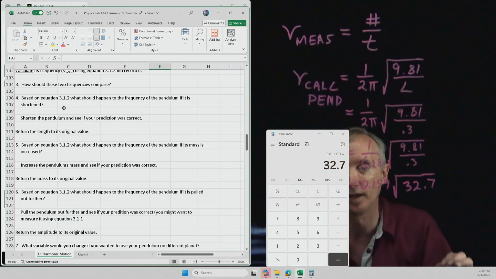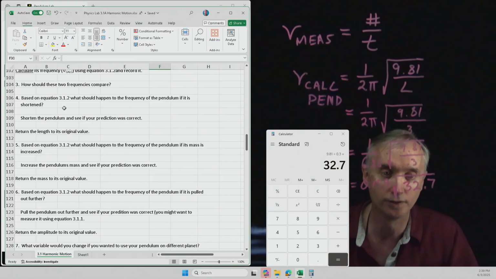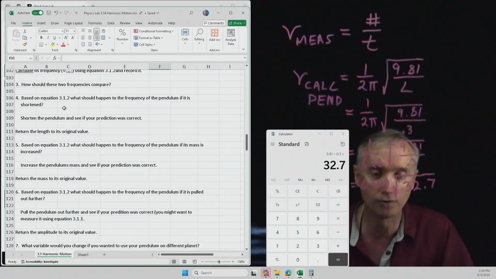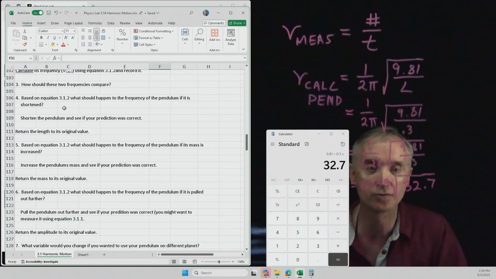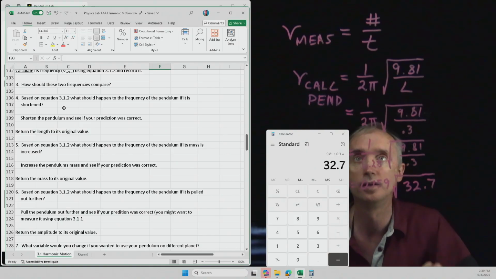So that means the length gets smaller. Now you can, if you want, if it was 0.7, then you can redo the whole calculation for a smaller number and see what happens to the frequency. But that's not really what I want you to do.